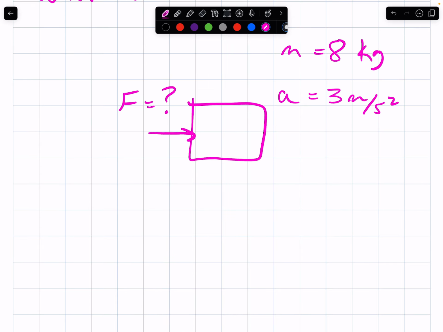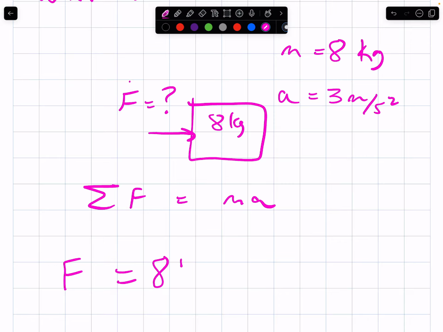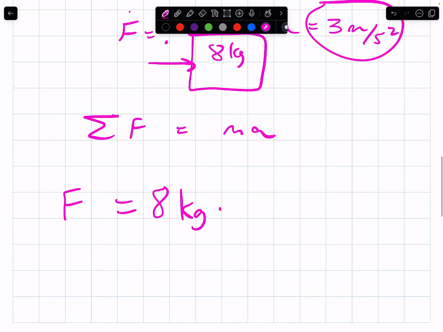Oh, you know what? Newton's second law. Net force is equal to m times a. Looking at this picture, the net force is F, that's what we're trying to find here. It is equal to, oh, the numbers do come out nice here. The mass of this second block is 8 kilograms, so 8 kilograms times 3 meters per second squared.